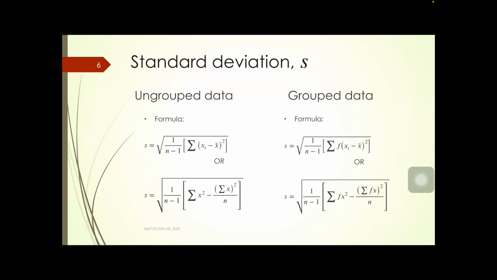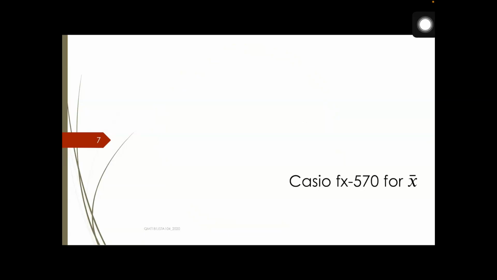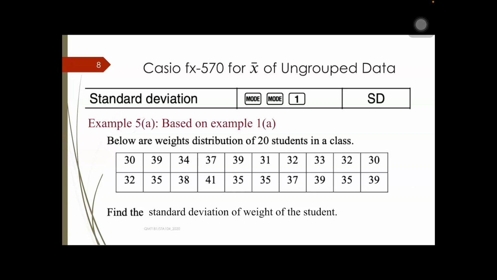For ungrouped data, you just find the summation of all the data and the summation of the data raised to the power of 2. So how are we going to use a scientific calculator to find the standard deviation for ungrouped data? This is the same example that I used in measure of central tendency, so we will use it for finding the standard deviation for ungrouped data.